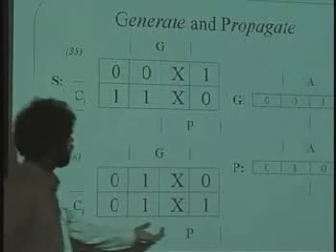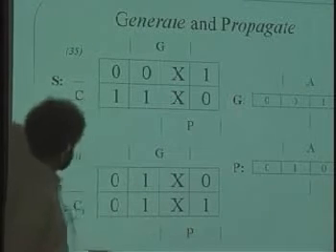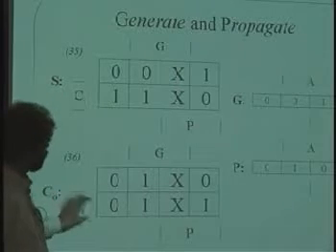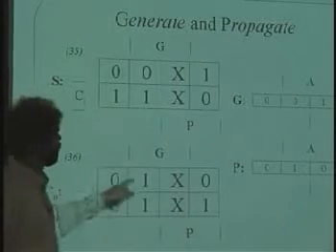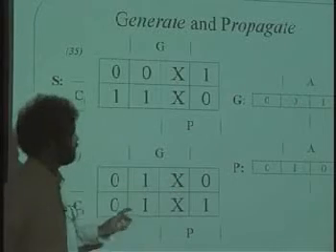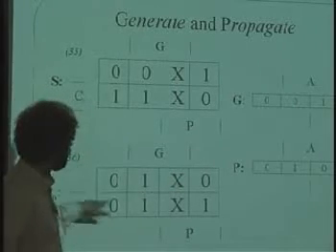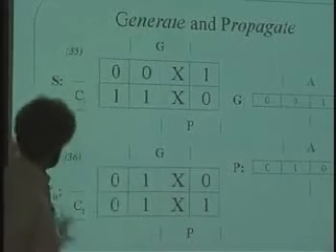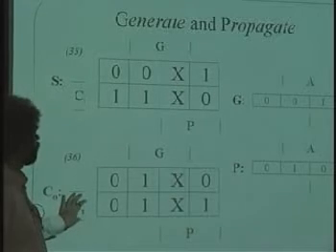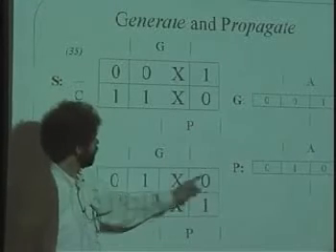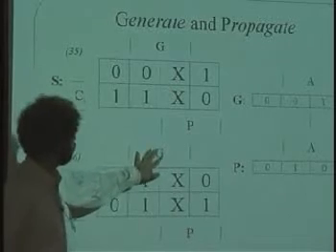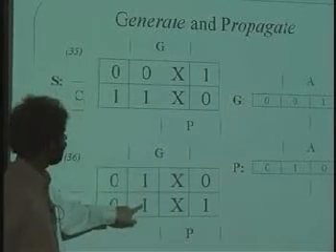If the propagate bit is a 1, then if the carry-in is a 1, I'll propagate the answer. And if the carry-in is a 0, I will not propagate the answer. In other words, I'll propagate C sub I to the output here. This is C sub O as a function of C sub I. So in the case when P is high, I'll generate a 1 here and a 0 here. In the case when G is high, I'll generate a 1 here and a 1 here.